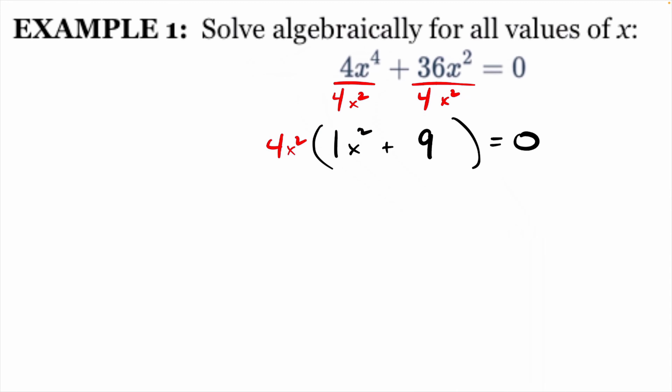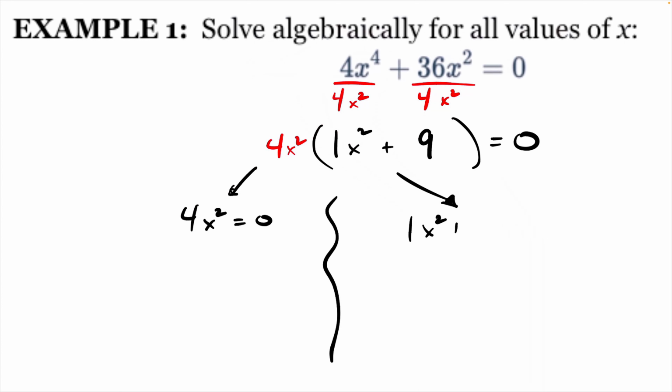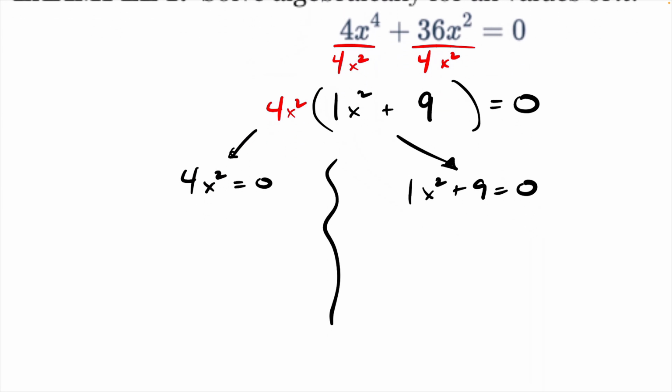Okay, so what did you do on the test to solve? You set them both equal to 0, right? You said 4x squared equals 0, and then 1x squared plus 9 equals 0. And then you solved.